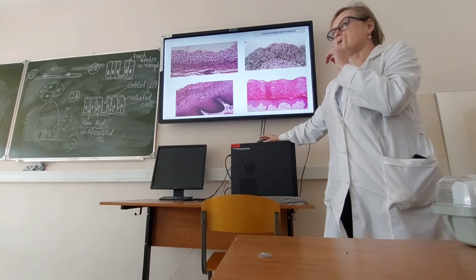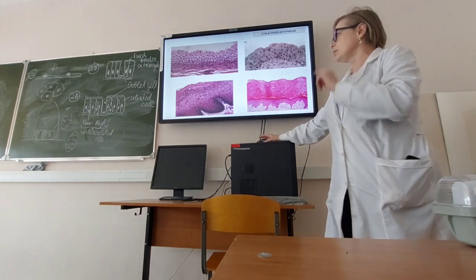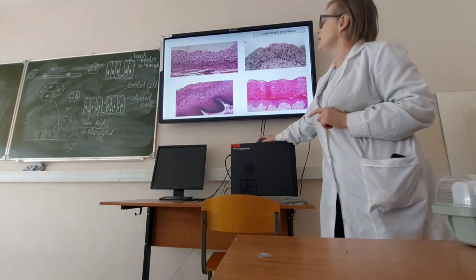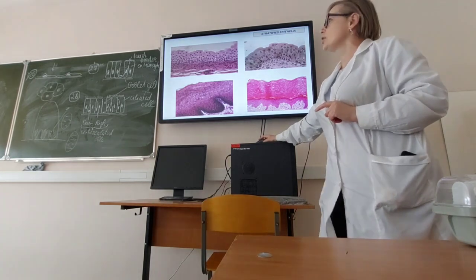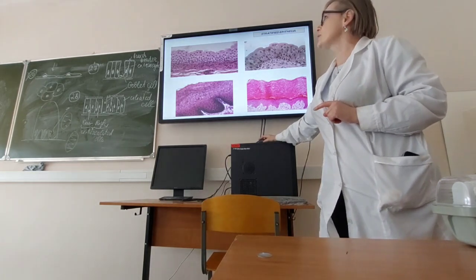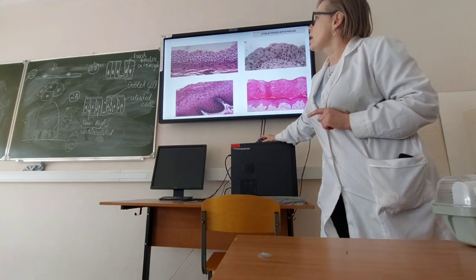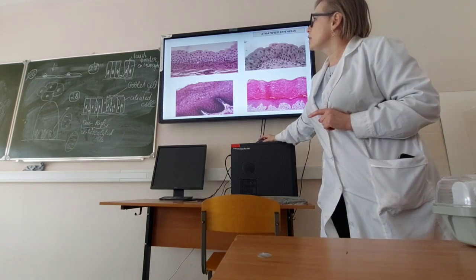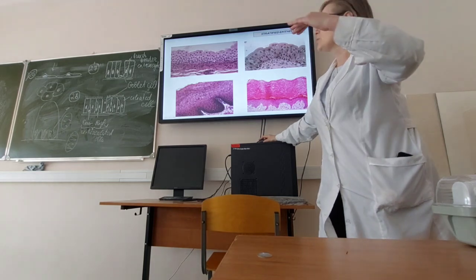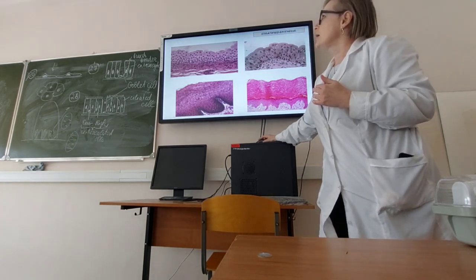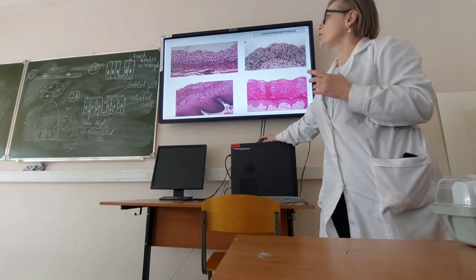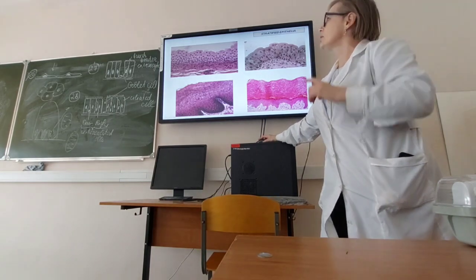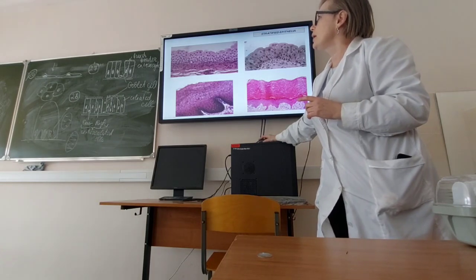This is very important to memorize, because if we examine this type of epithelium that we name transitional, it also consists of 3 layers. First layer, basal, that lays on the basement membrane. Next layer, intermediate, we can see nuclei of cells situated above basal.